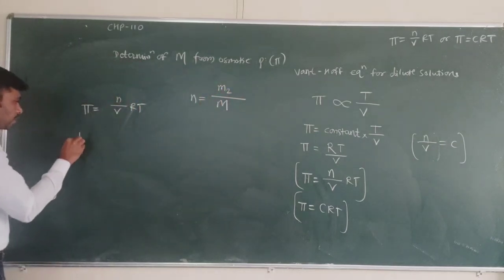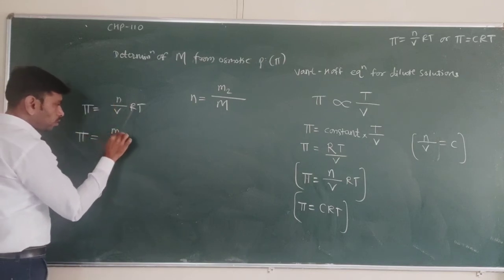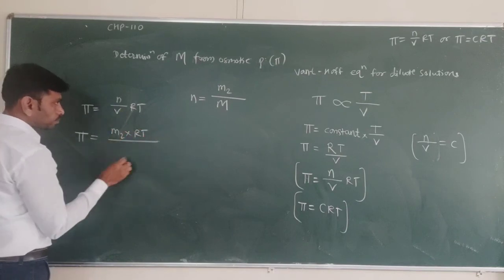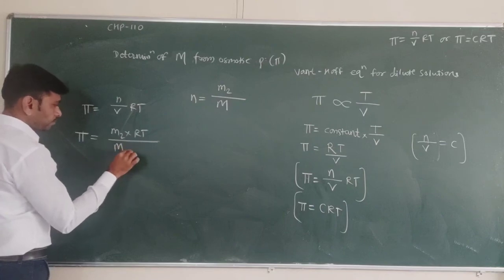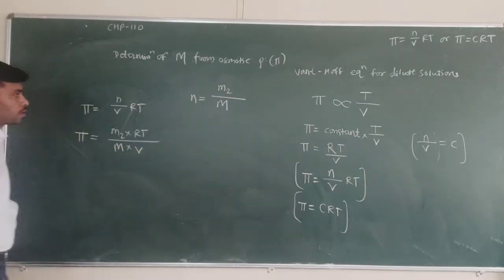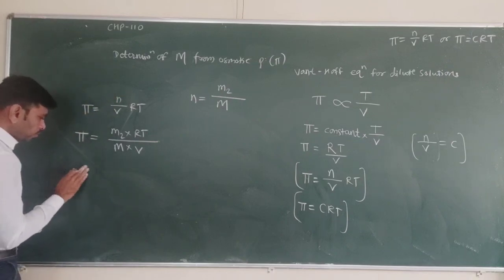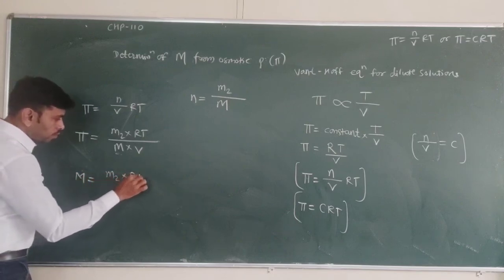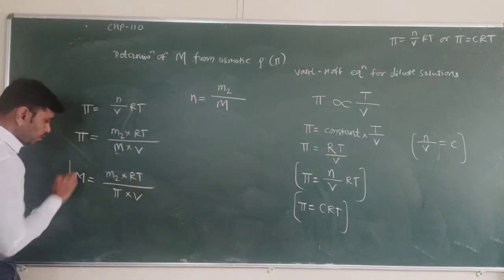By replacing n, pi equals M2 into RT upon M into V. We want the value of M, so M equals M2 into RT upon pi into V. So this is the formula.